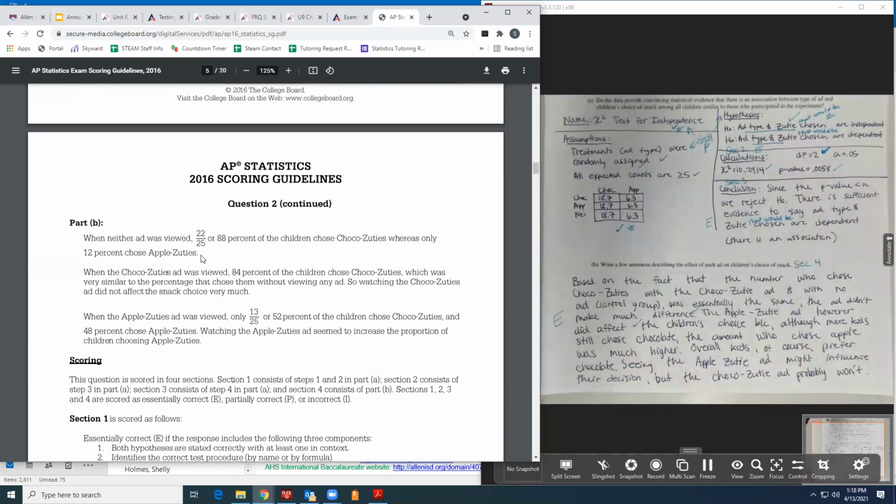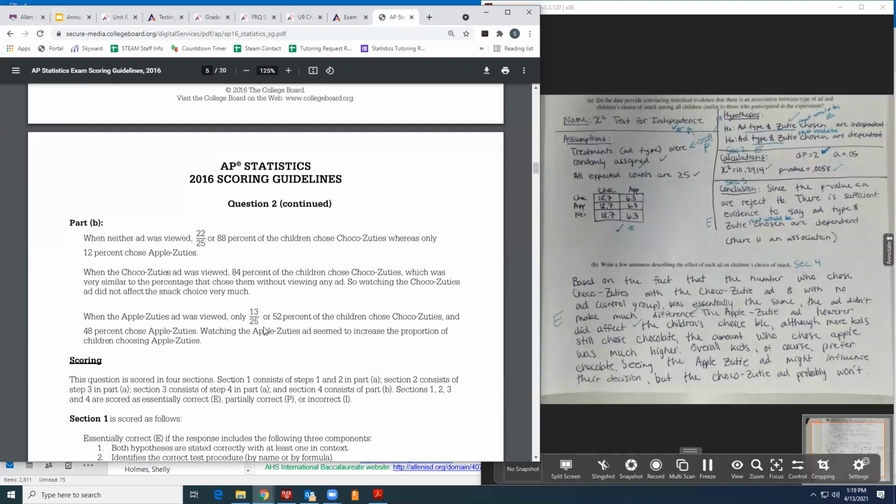When neither ad was viewed, 22 out of 25 or 88% of the children chose Choco Zooties, whereas only 12% chose Apple Zooties. When the Choco Zootie ad was viewed, 84% of the children chose Choco, which was very similar to the percentage who chose them without viewing the ad. So watching the Choco Zootie ad did not affect their snack choice very much.